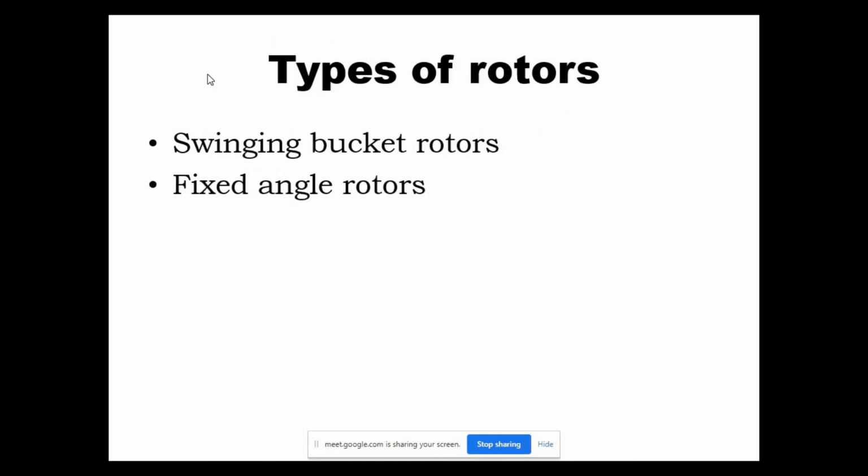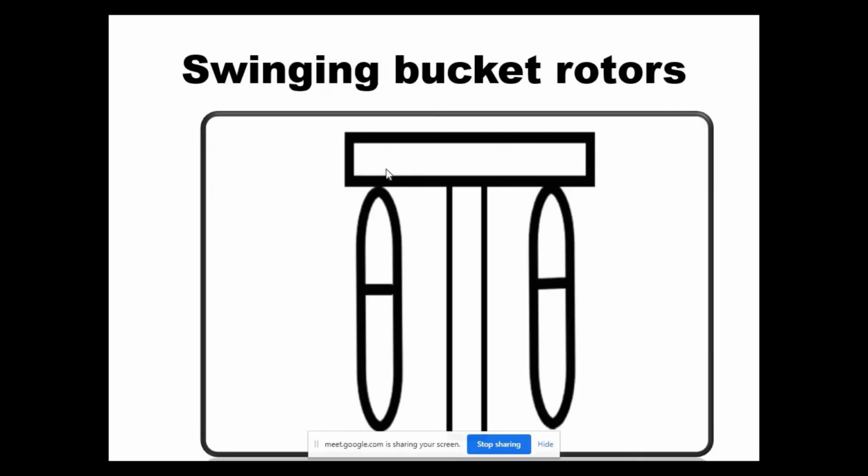Now the types of rotors you have. The rotors are where you will keep your sample. There are two types of rotors: the fixed angle rotors and the swinging bucket rotors. I will explain the swinging bucket rotor first.